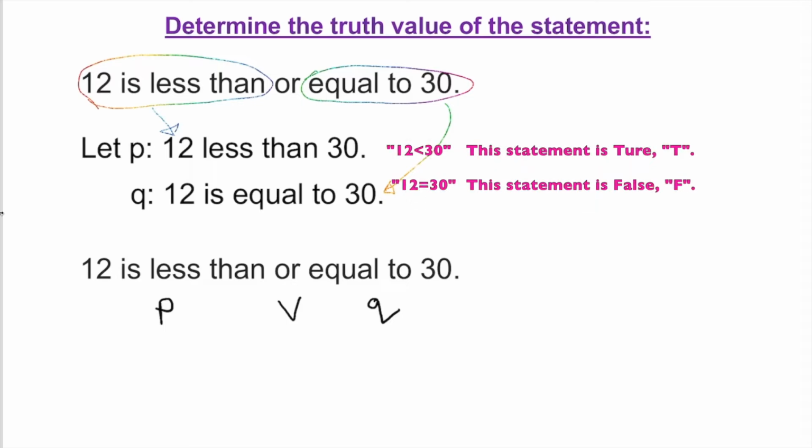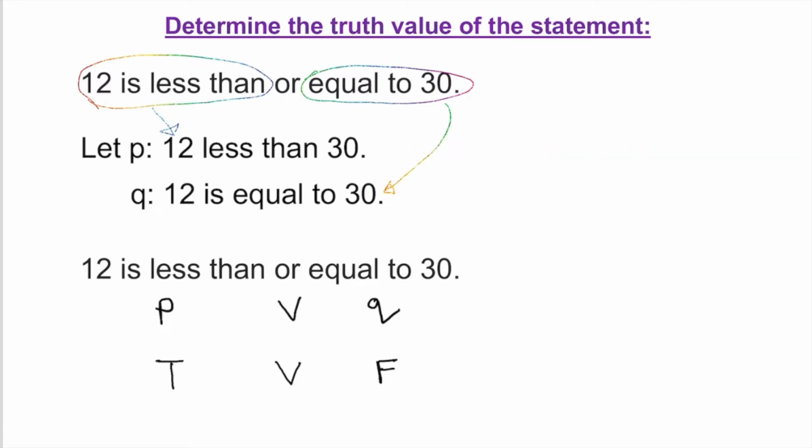Now, 12 is less than 30. Is it true? It is true, so we're going to say this is true. Or 12 is equal to 30, which is false, straightforward false. Now to come up with the next step, the truth value, we need to understand the disjunction, the OR, where things are not happening simultaneously.